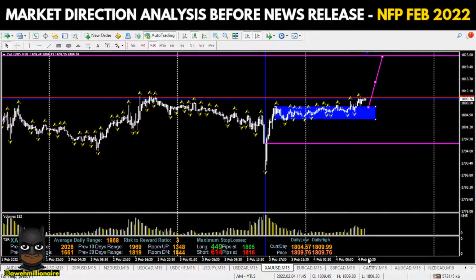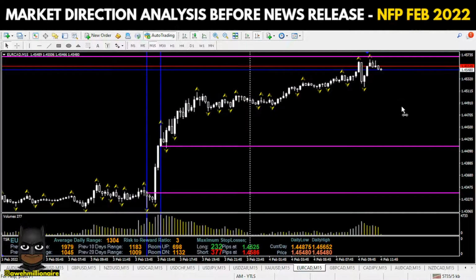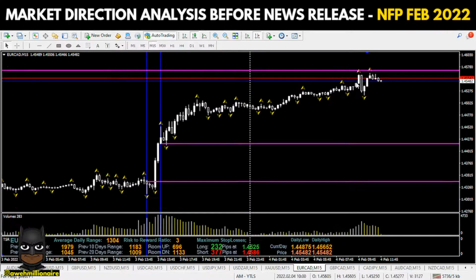Okay, then the rest of we've got the CAD setups. EURCAD, we've got price approaching the supply, so if price comes and tests the supply level before the news, then we can look to sell over there.